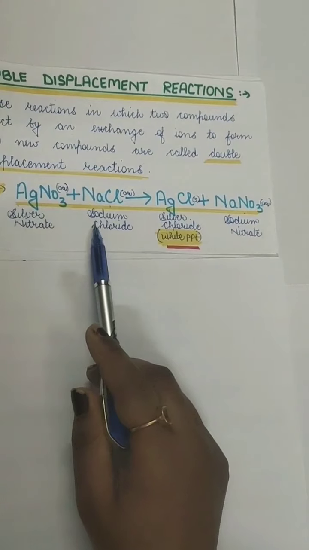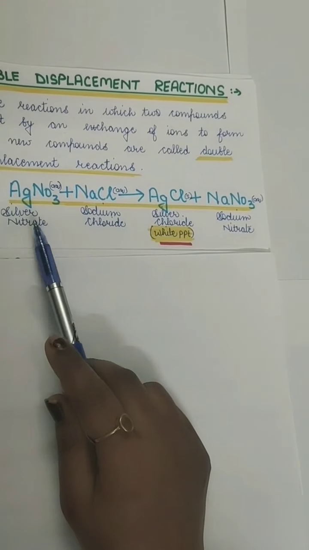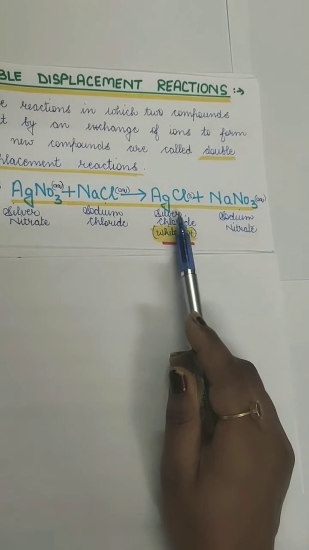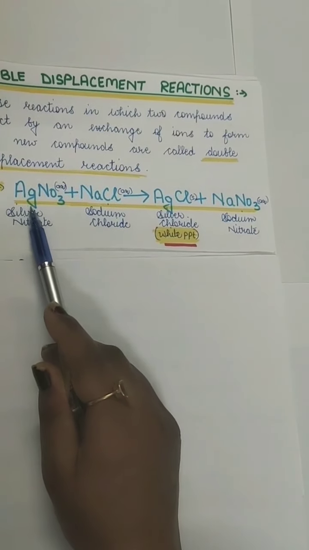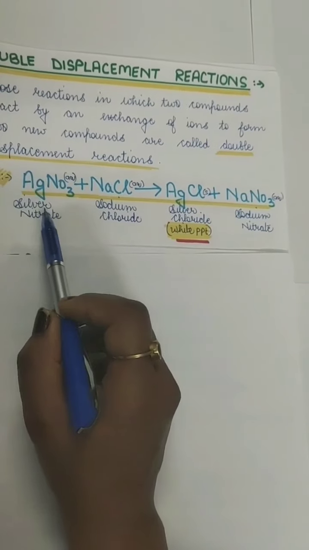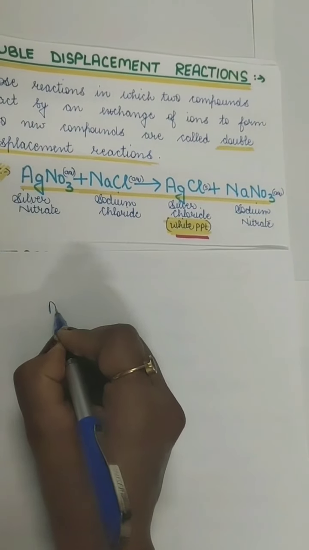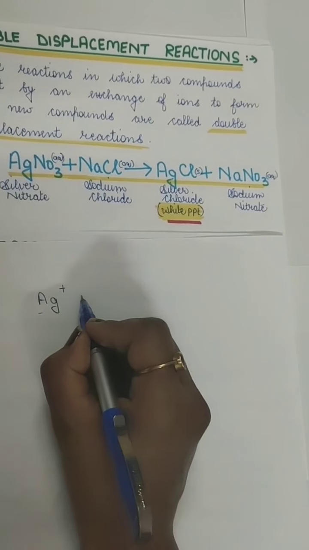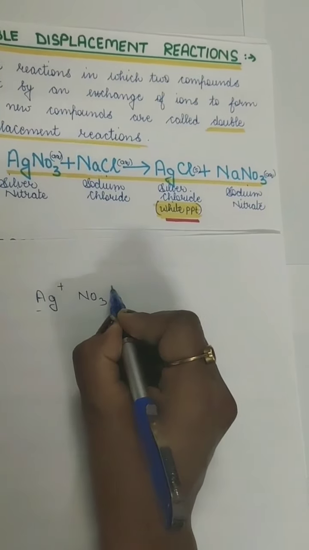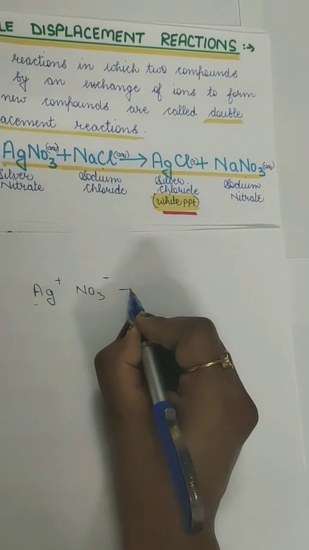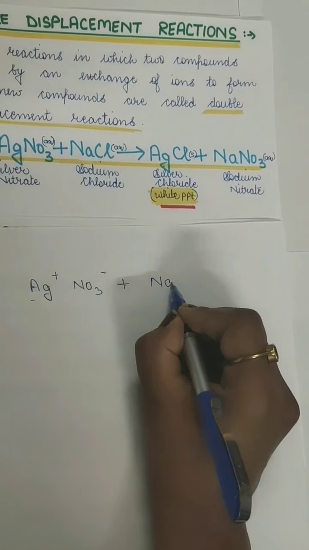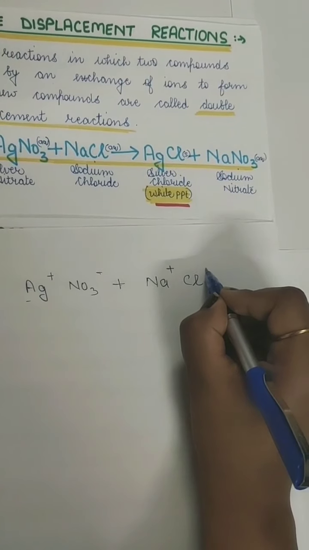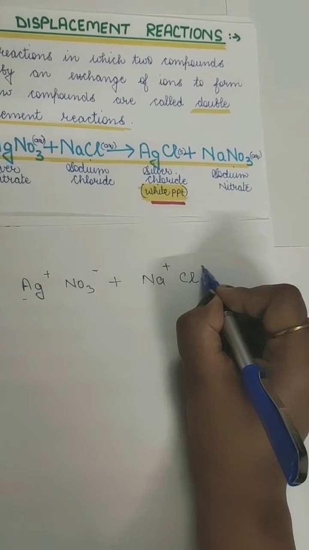Then, as soon as we add NaCl to AgNO3, we'll be getting AgCl, that is silver chloride. Ag is the positive ion, that is silver, and NO3 is the negative ion. When we mix it with NaCl, Na being a metal has a positive ion and chlorine being a non-metal has a negative ion.